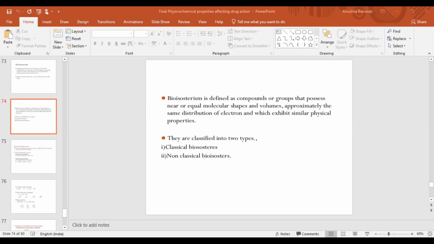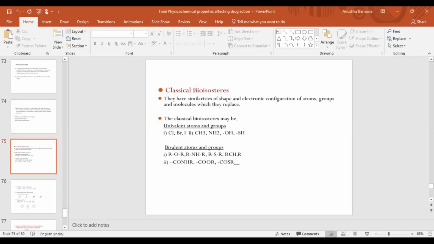So the concept of isosteres was invented and studied to improve biological actions. When we come to bioisosteres, we have univalent, divalent, and tetravalent bioisosteres, which play a role in modification of the biological actions.